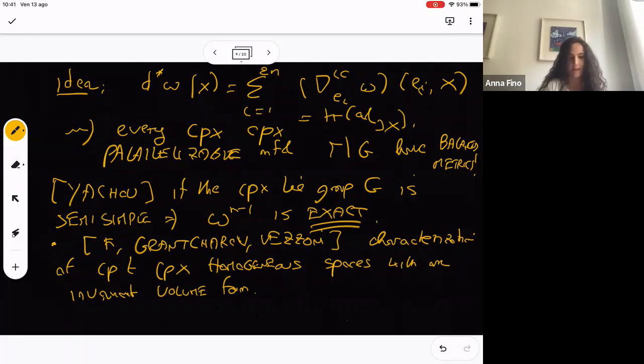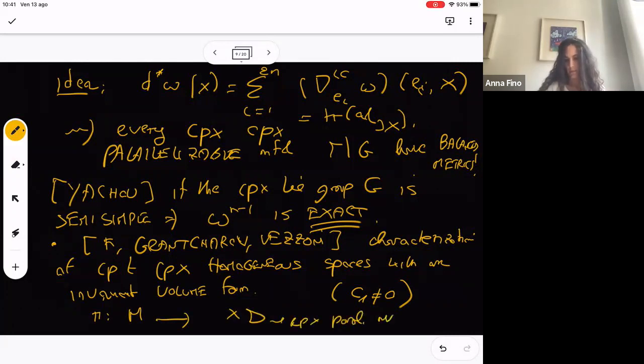And the nice thing is that we found out that in this characterization, c_1 has to be different from 0. These are in general essentially torus bundles over the product of a complex parallelizable manifold that we considered before and a generalized flag manifold.